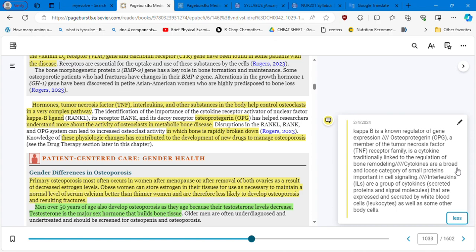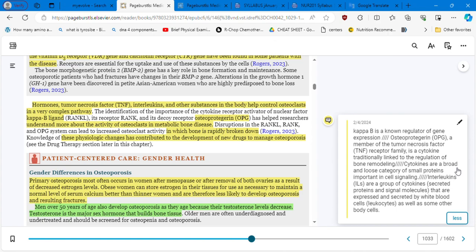So what is kappa B, Dr. Matalana? Kappa B is a known regulator of gene expression. Okay. Osteoprotegerin is a member of the tumor necrosis factor receptor family, and is a cytokine traditionally linked to the regulation of bone remodeling. Cytokines, we know that cytokines are a broad and loose category of small proteins important in cell signaling.